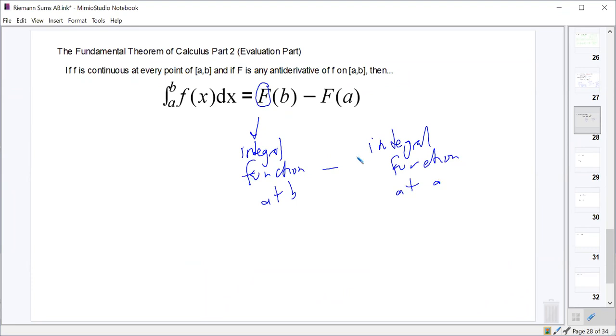So if I put limits on here, we're going to have some rules for finding integrals of a function, but for right now, we're just saying that a function that represents the integral of little f is capital F. So I evaluate capital F at b, and I evaluate capital F at a, and I find the difference between them. Does that sort of make sense or no?